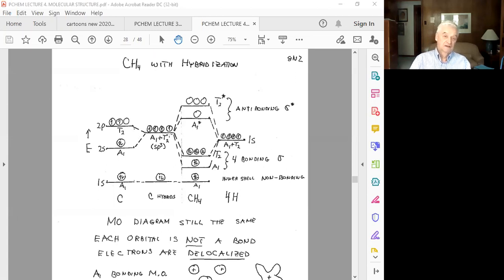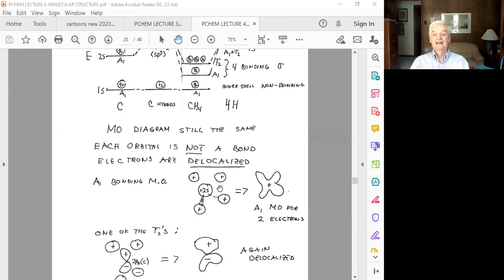So that's okay. But in order to apply what kind of bonding you get, we have to go to symmetry rules again, which sadly you don't get much chance to see anything about in this course. But when you apply symmetry rules, you find that the combinations of these sp3 hybrids come out to be A1 plus T2. Then when you combine them with the 1s orbital, again, the A1 comes out lower in energy. And again, it winds up looking just like this again.